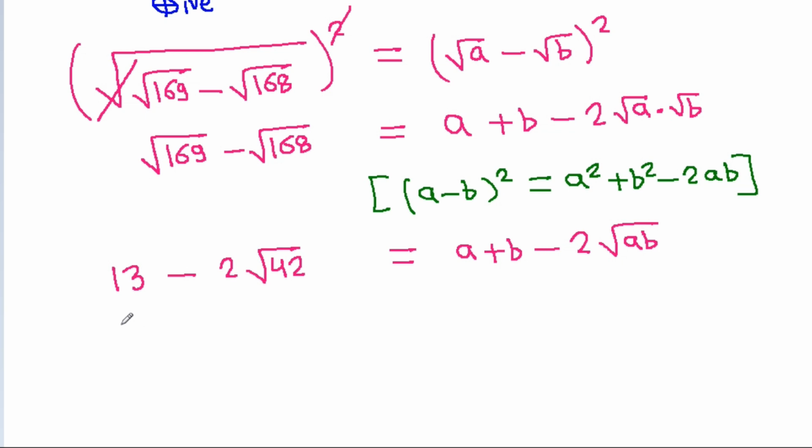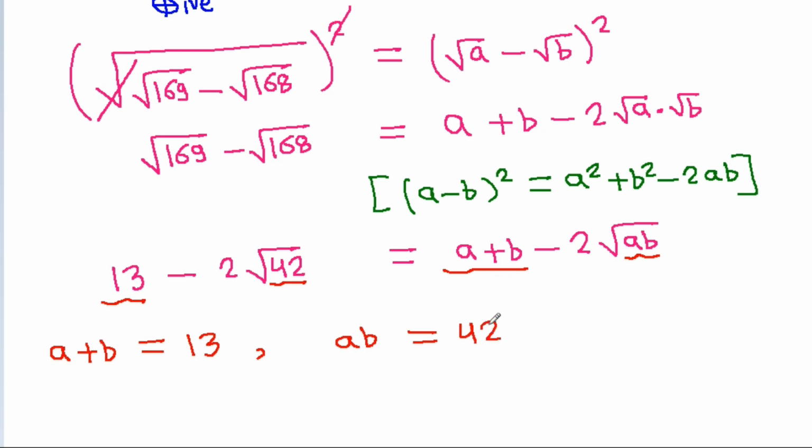And now we can compare 13 and a plus b. a plus b will be equal to 13, and we can compare ab and 42. ab will be equal to 42.